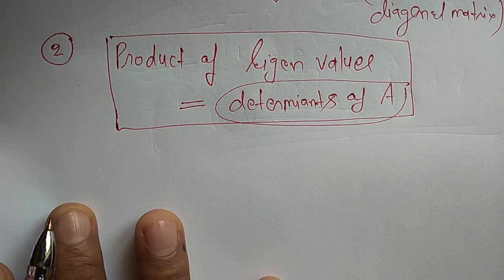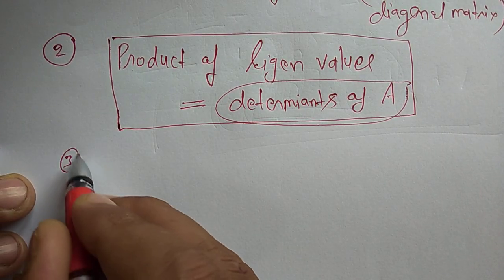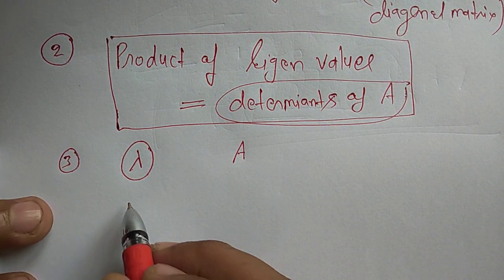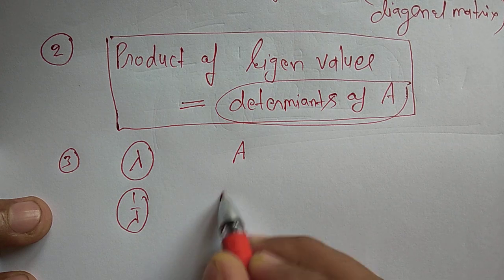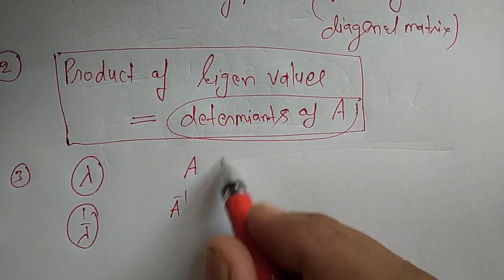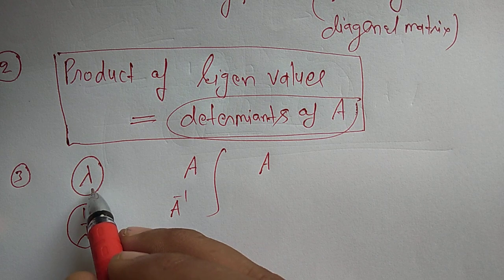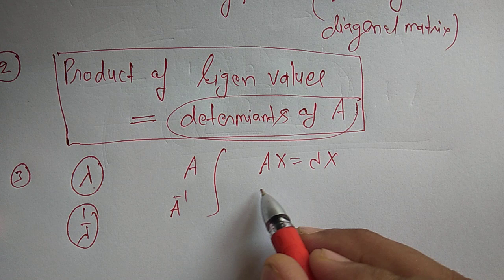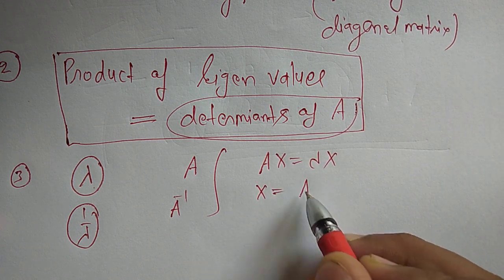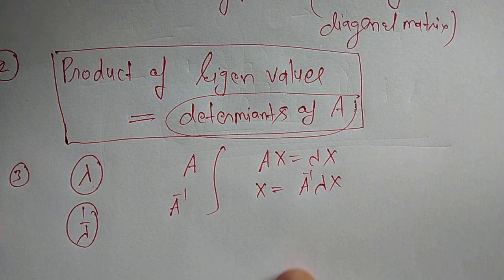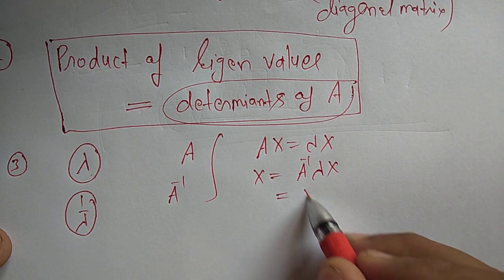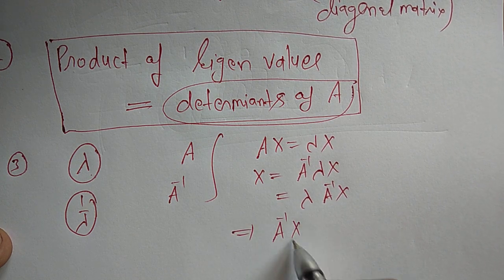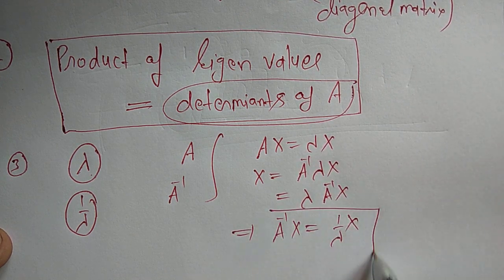Next we have the third one: if lambda is an eigenvalue of A, then 1 by lambda is an eigenvalue of A inverse. This is very simple. Let lambda be the eigenvalue of A, so we have Ax equal to lambda x. We can multiply by A inverse, so we get x equal to lambda A inverse x, so we can write A inverse x equal to 1 by lambda times x.